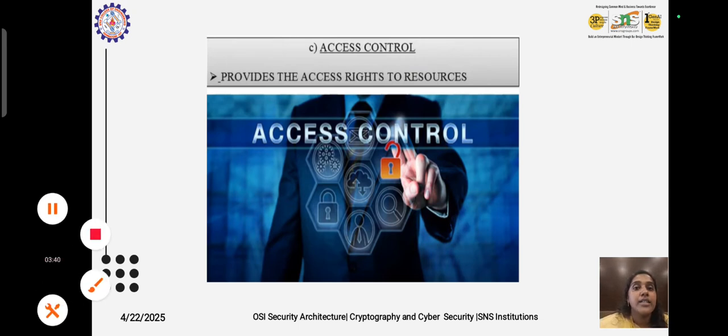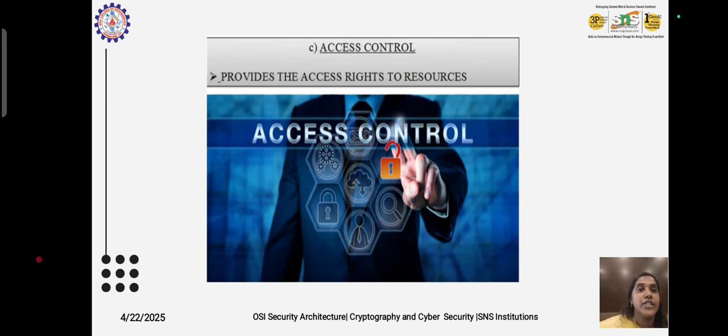Next is access control. Access control mainly provides access rights to the resources. Let's take an example. As I am working in a college, in the college we have some access control.